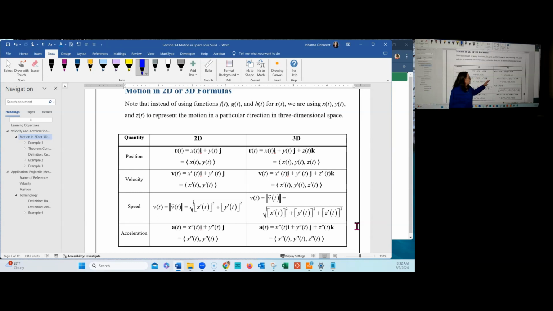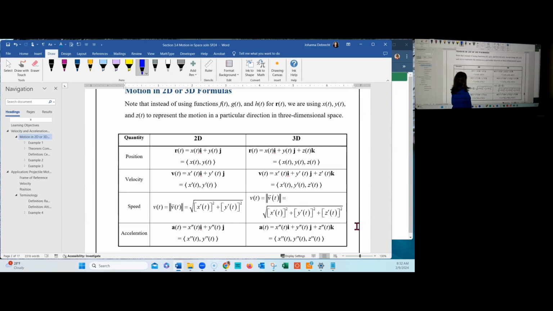We let r of t represent the position of the particle moving in 3-dimensional space, where each component of the unit vectors is a real valued function of t. You put in a real number for t, it spits out a real number, and that real number becomes the component of that unit vector, representing the vector valued function r of t.